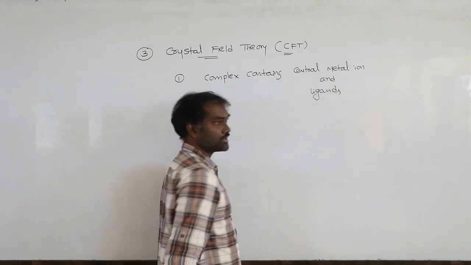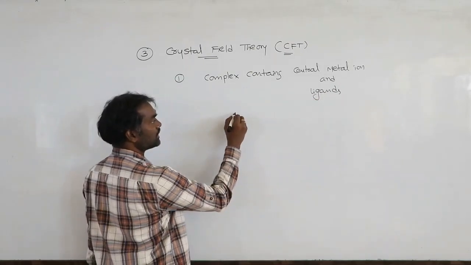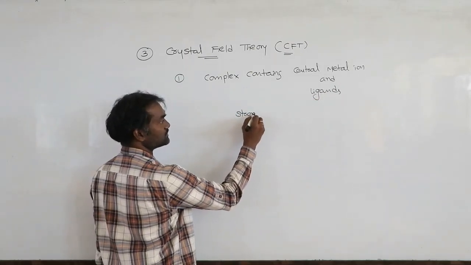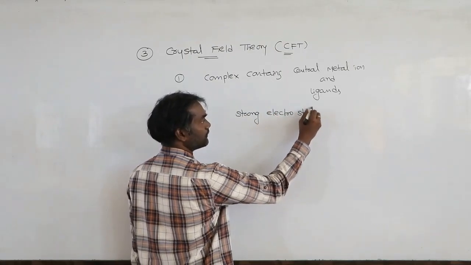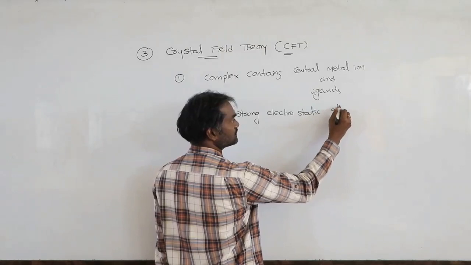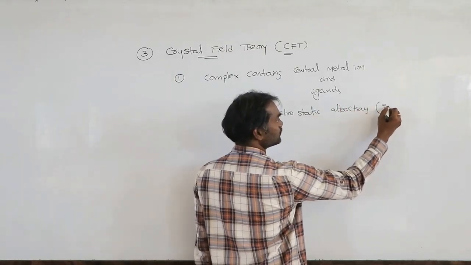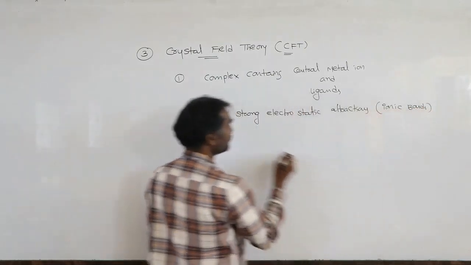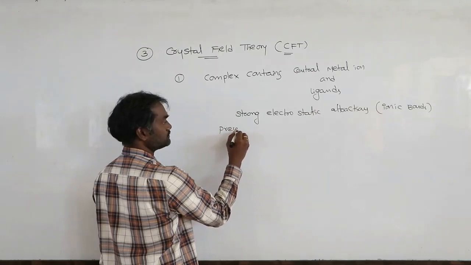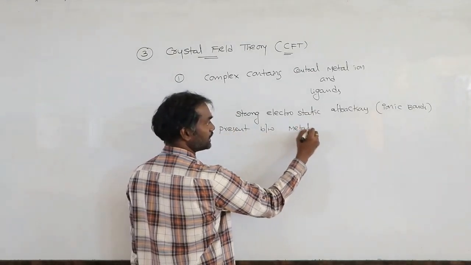This is common, but in between them there are strong electrostatic attractions. It is similar to an ionic bond present between metal and ligands.